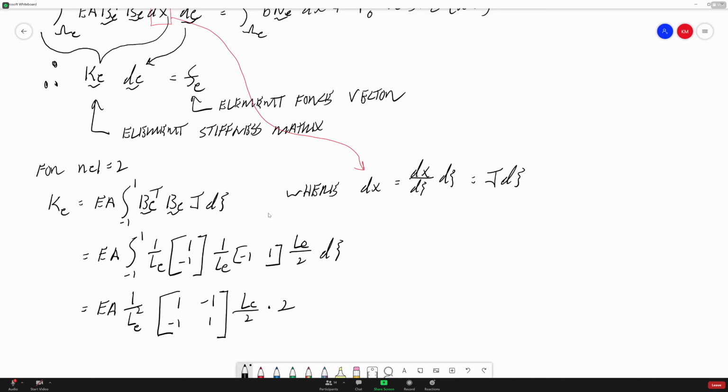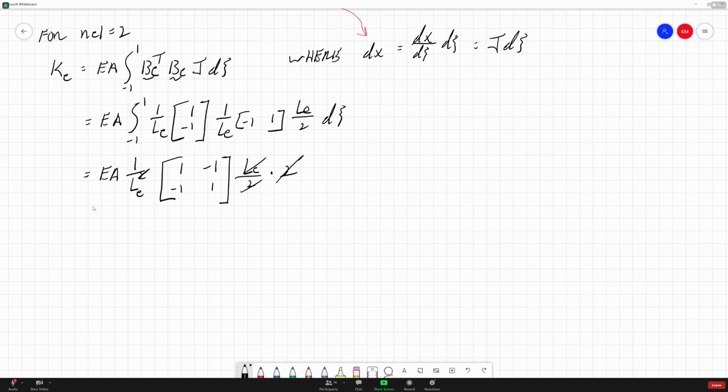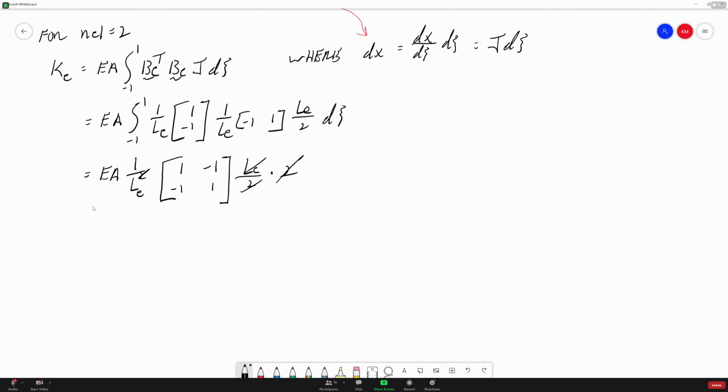So this 2 and that 2 cancel, and that LE cancels that square. So KE is equal to EA over LE times (1, -1; -1, 1).